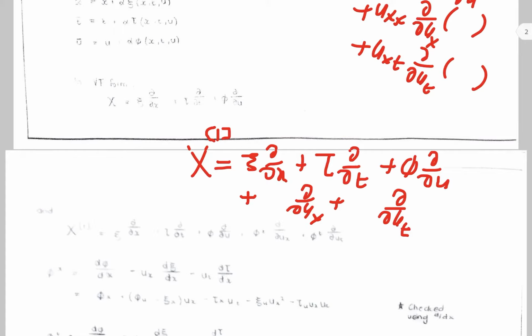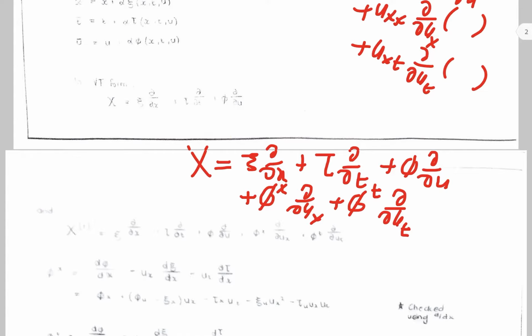So I'm going to represent the coefficient of d/du_x as phi^x and phi^t as the coefficient of d/du_t. The vector field is a vector field containing partial derivatives with respect to the various jet space variables. And similarly, if you were to extend to second order, you would include all the second order derivative terms.